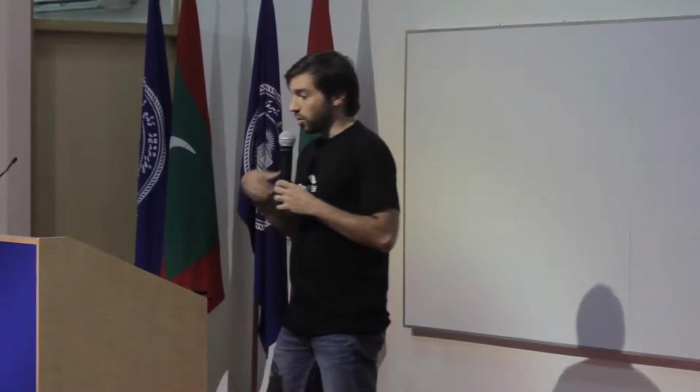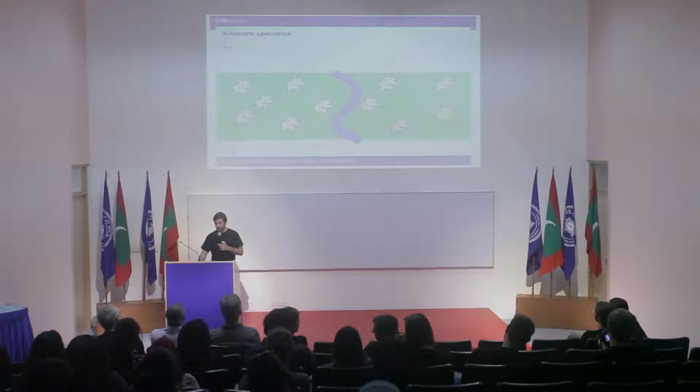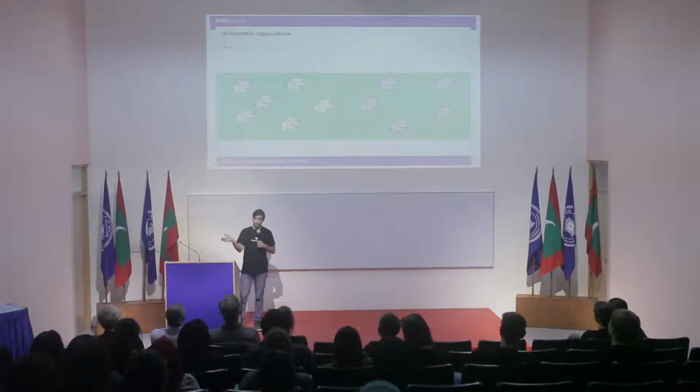And over millions of years, you accumulate mutations, natural selection will act, and at the end, you have two different species. They will continue to be different, even if you bring them together, if you take this barrier away. This is the idea behind allopatric speciation: allo, other, and patric, fatherland, so species that are in other places, separated.